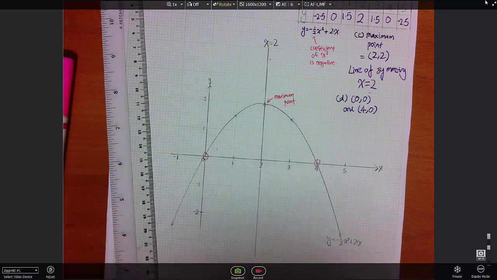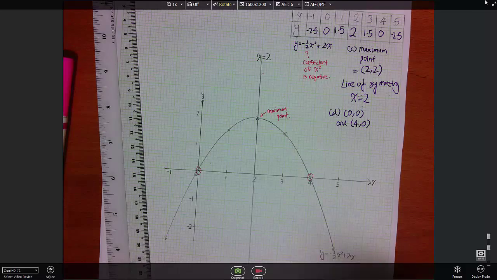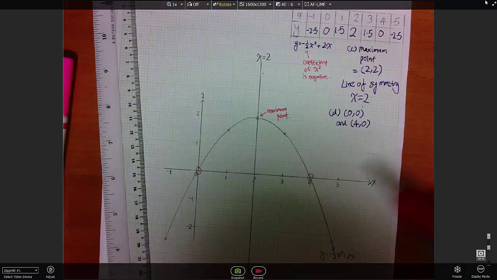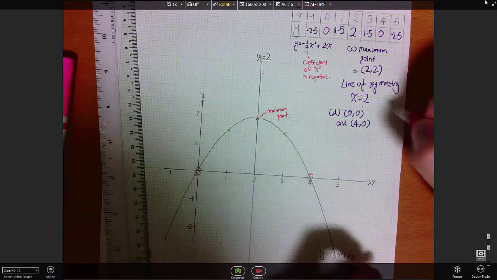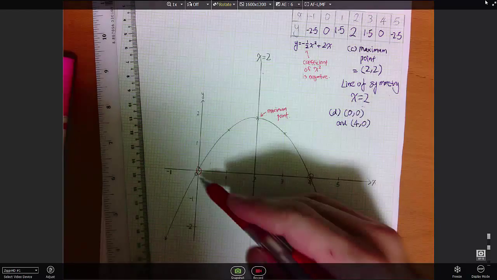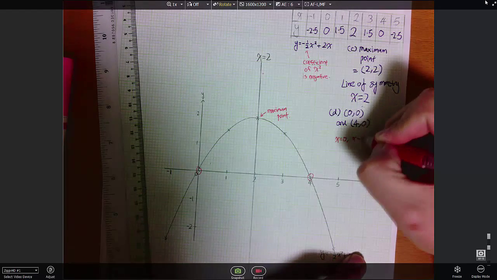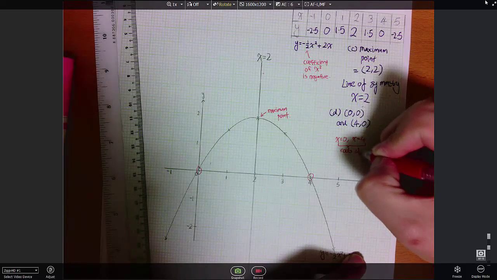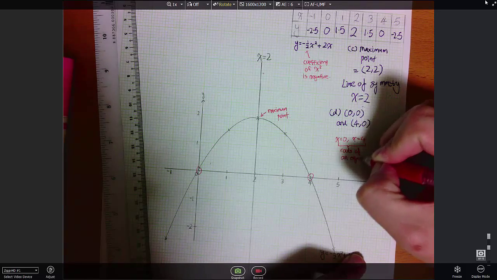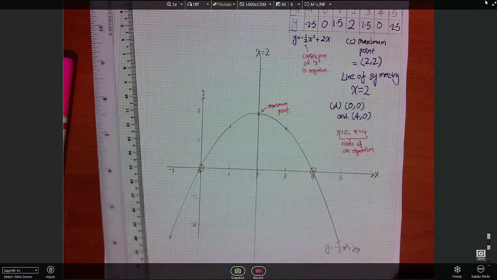You will not learn this term until somewhere in Sec 3, but why don't you just learn it now? Basically when a graph crosses the x-axis, these 2 points are where x is 0 and x is 4. This is something special. These are called the roots of an equation. Just some good general knowledge for you to know before you hit Sec 3 next year.